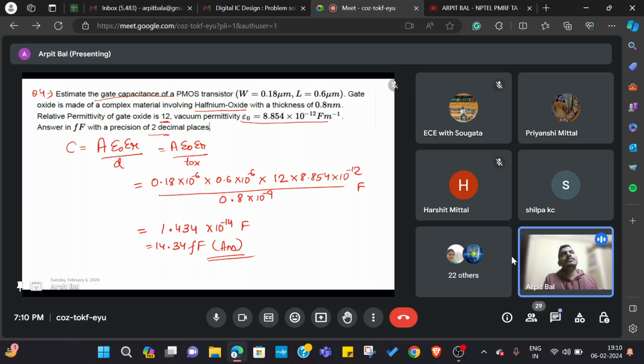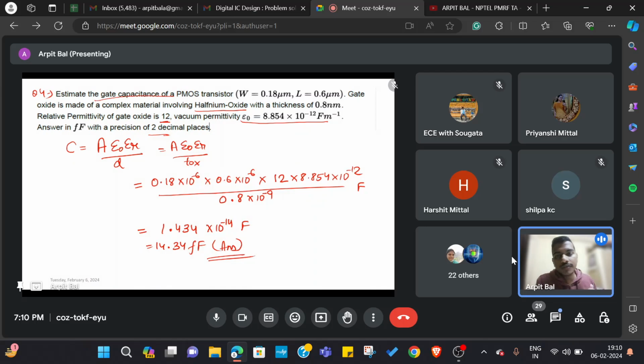As sir mentioned in one of the lectures, when we go into higher technology nodes, ideally we expect that the current through the gate will be 0, but as we proceed, some quantum effects come into the picture, and because of that a certain amount of current flows into the gate.